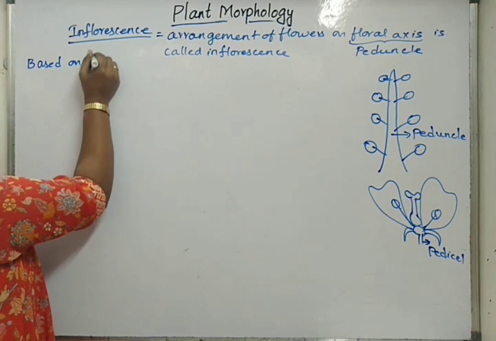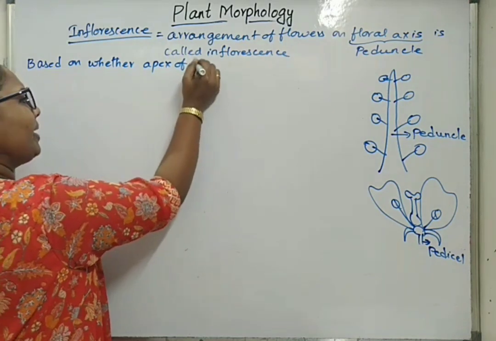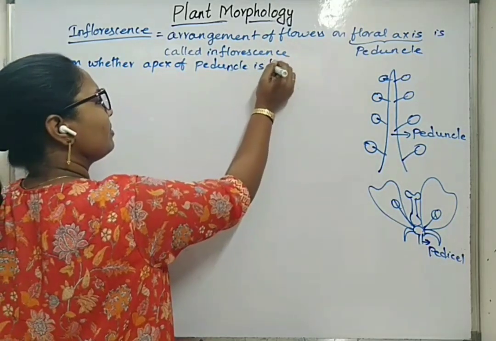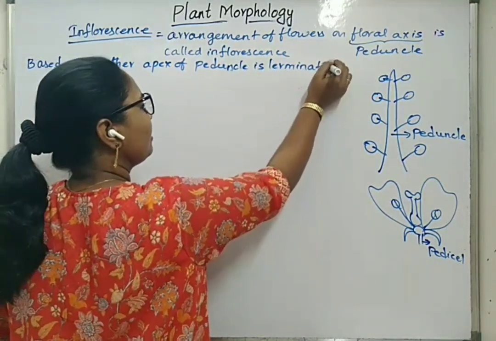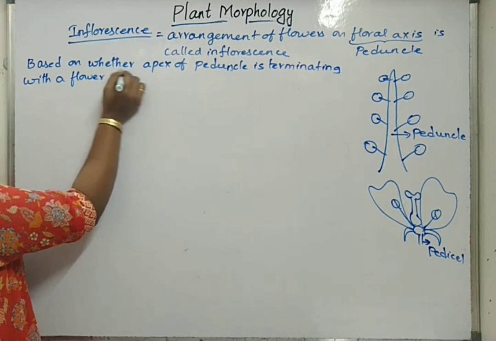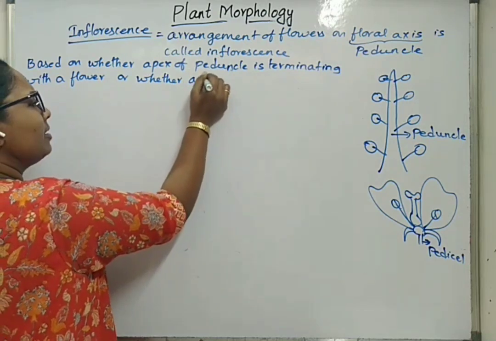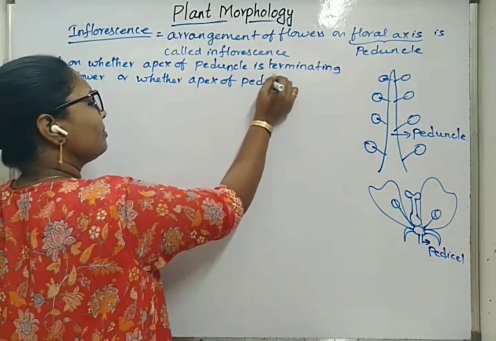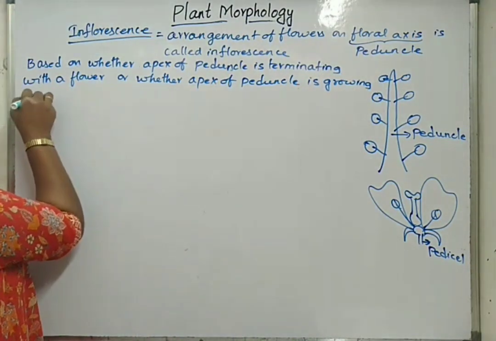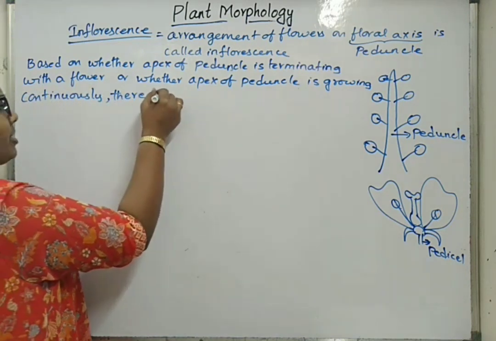Based on whether apex of peduncle is terminating with a flower, or whether apex of peduncle is growing continuously, there are two types of inflorescence.